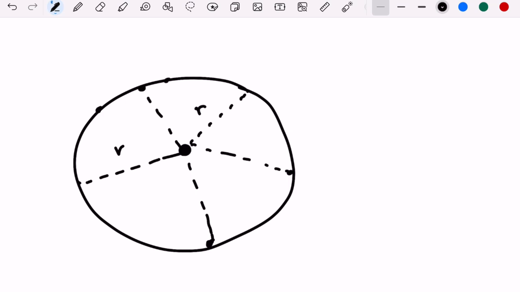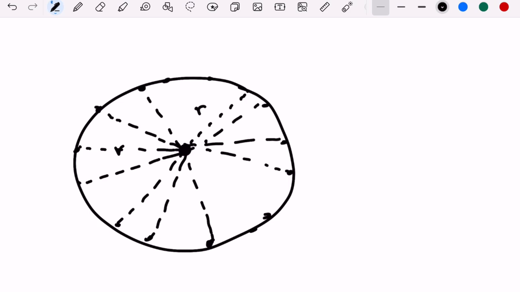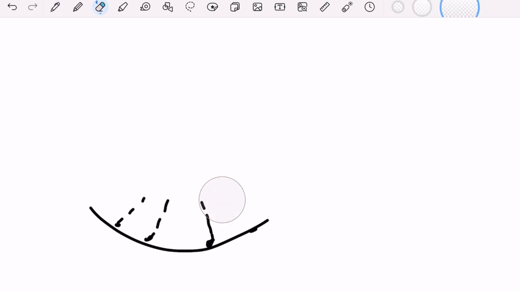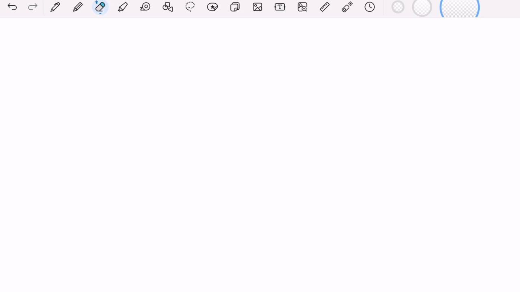So all of the points in a circle are the points that are at the same distance from a fixed point called the center. I want you to hear and think about that definition, because it allows us to know if a certain point in the plane belongs or does not belong to the circle.